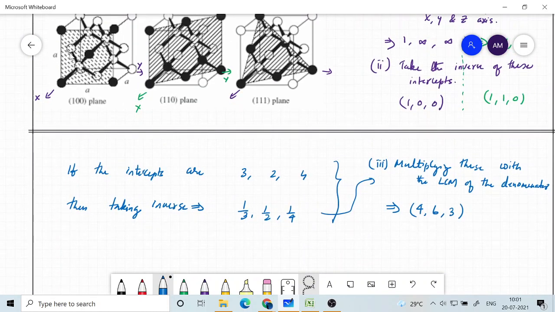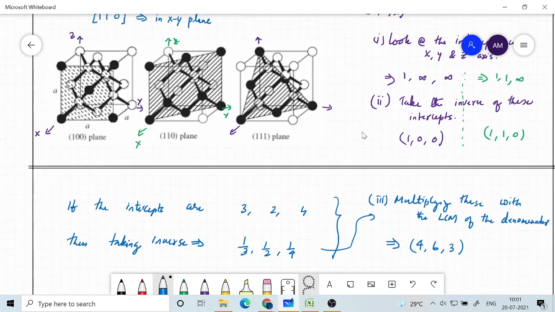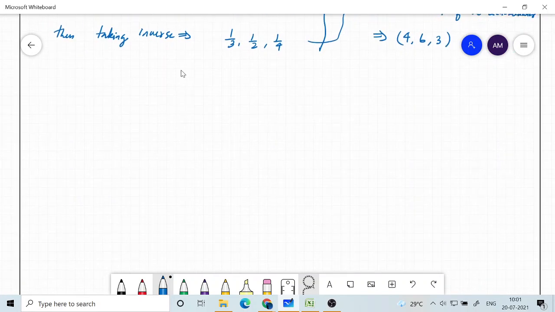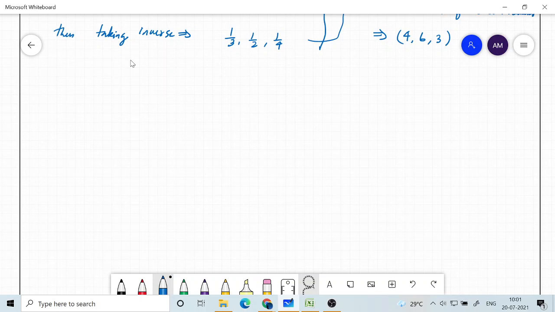Now as I told you, ultimately any of these planes can be the plane of the wafer. So let me discuss a little bit about the wafer. Wafer is basically a slice, a planar structure.